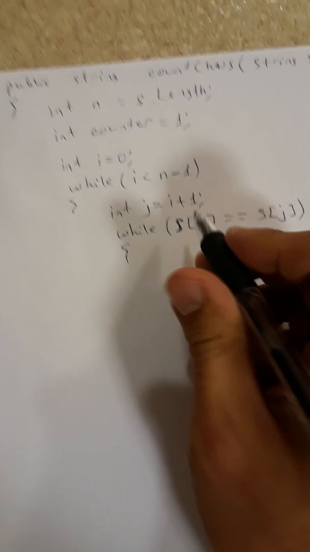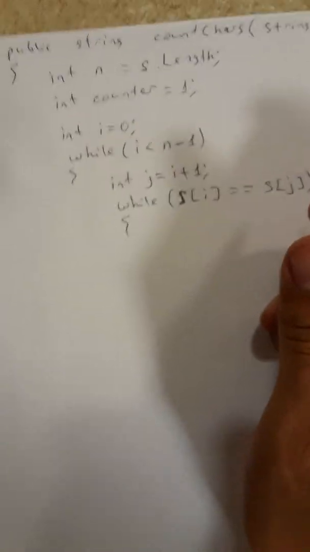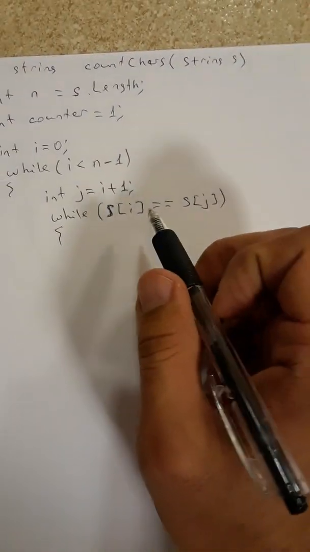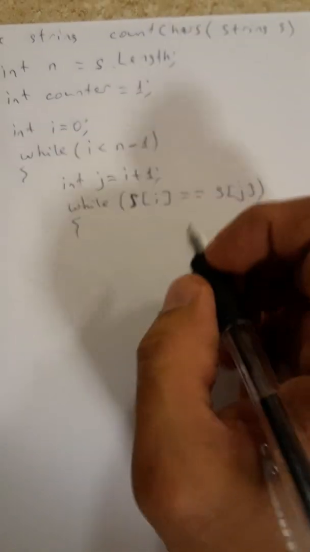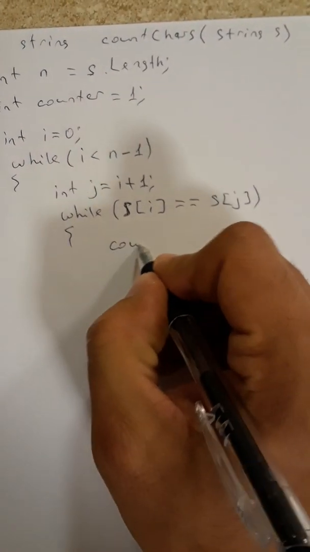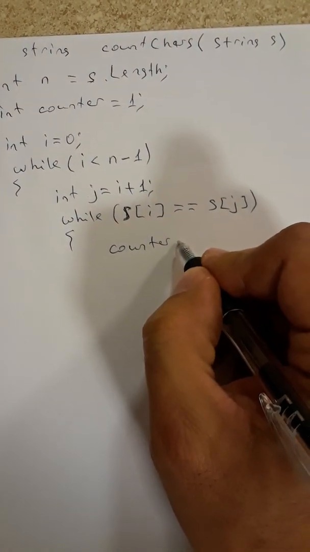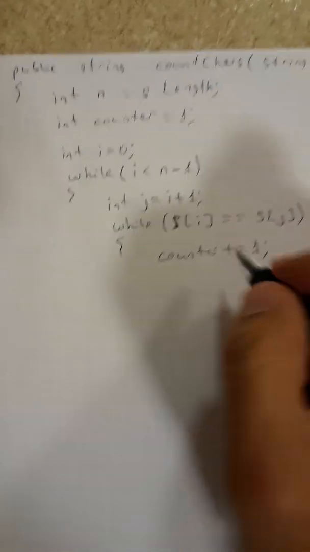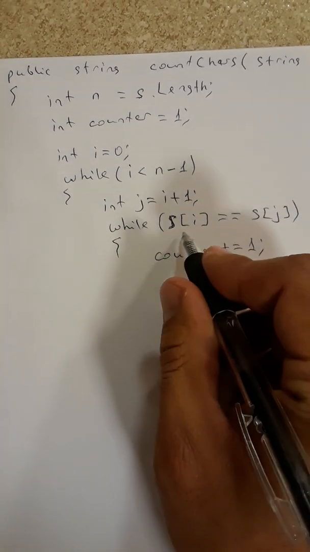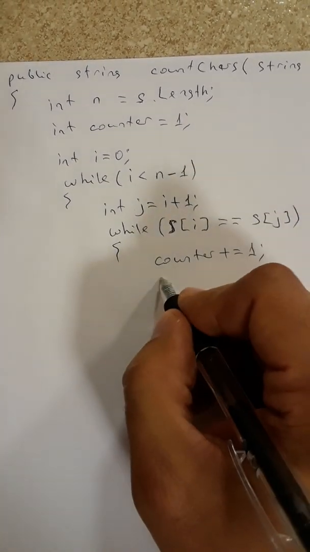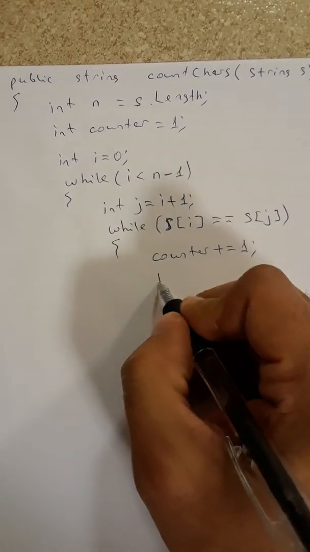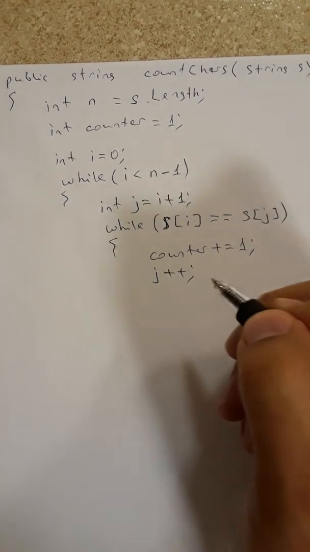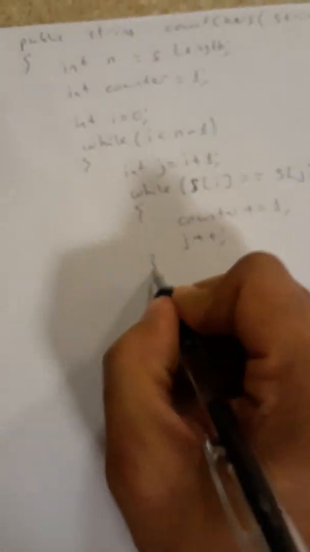So index j also will be incremented each time the elements are equal to each other. So here I will increment my counter by 1 always when the characters are equal, and also I will increment j each time.